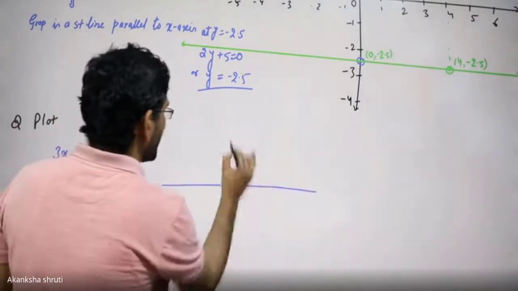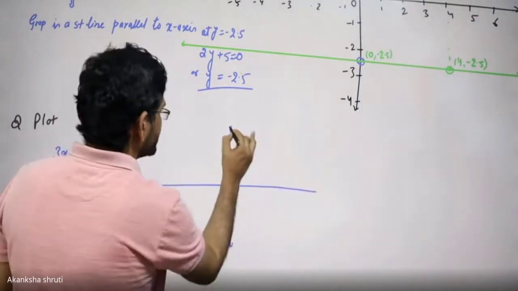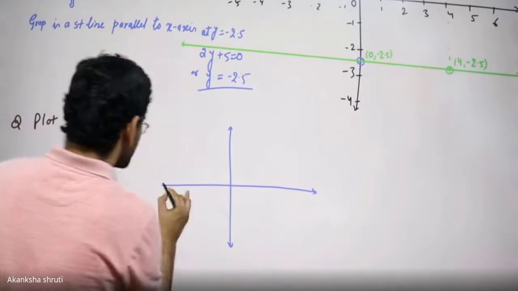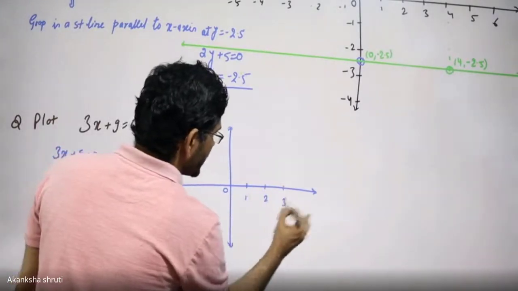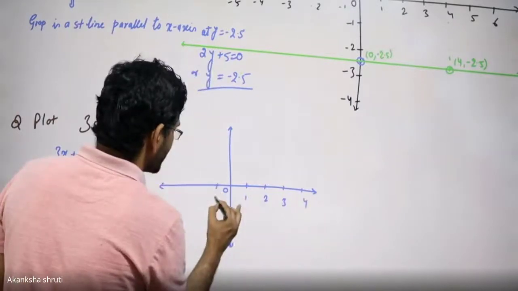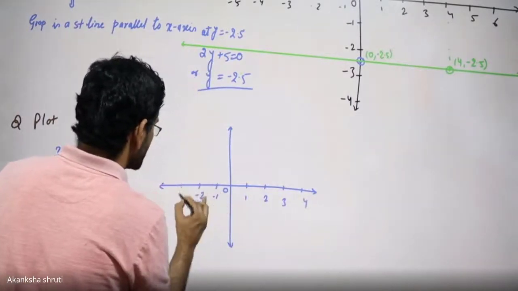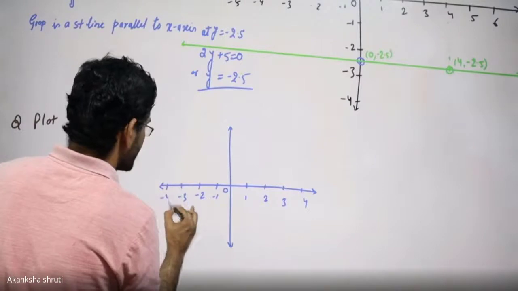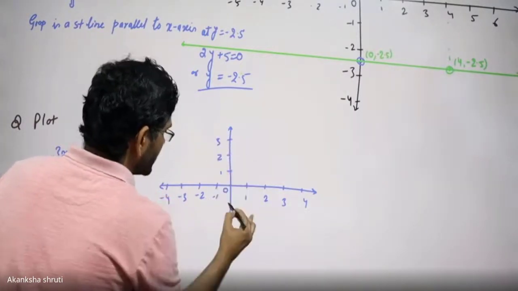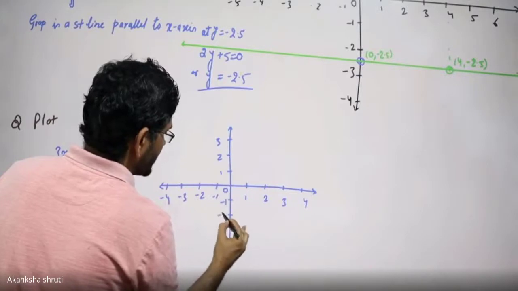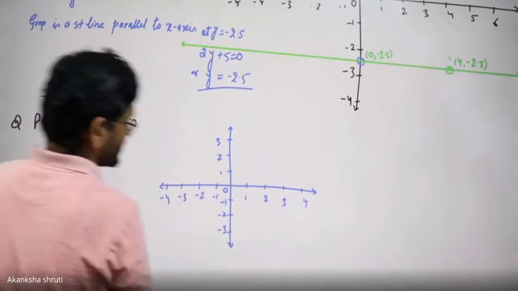What will be the graph? Very easy thing. Take the coordinate system, with 1, 2, 3, 4, minus 1, minus 2, minus 3, minus 4 on the axes.